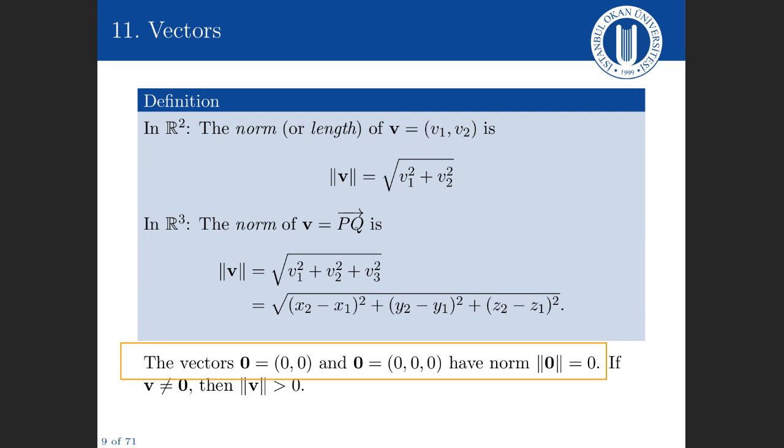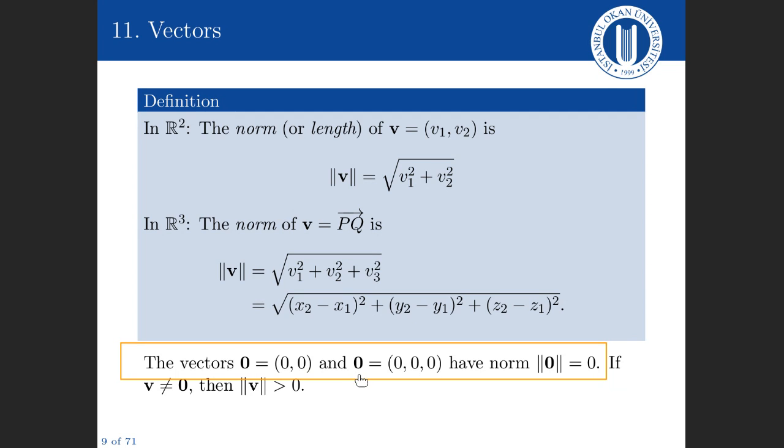We have zero vectors. The vector bold 0 means zero vector, and that's the vector with component form 0, 0 in two-dimensional space or 0, 0, 0 in three-dimensional space.